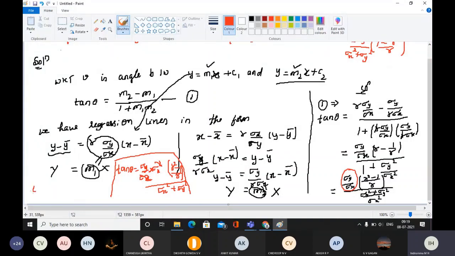Therefore finally we obtain tan theta is equal to sigma x into sigma y divided by sigma x square plus sigma y square into r square minus 1 divided by r. This is what we have to prove, where theta is the angle between the regression lines.